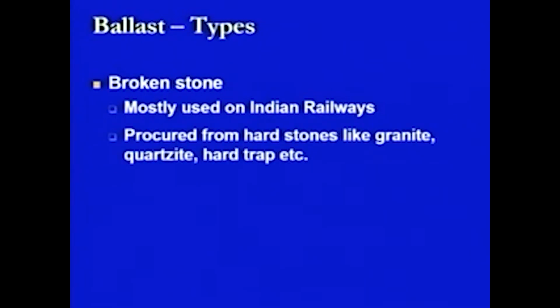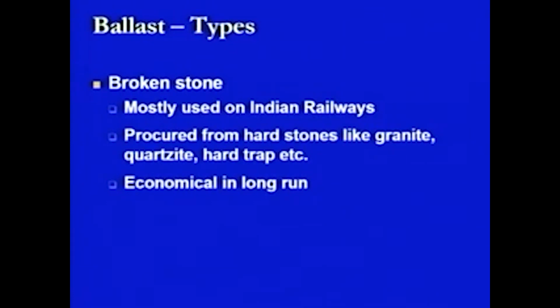These are procured from hard stones like granite, quartzite, hard trap, etc. They are economical in the long run, though they are costly initially, because of the other materials which are available, which may be waste materials, but this is not a waste material. Here, these materials have different applications.